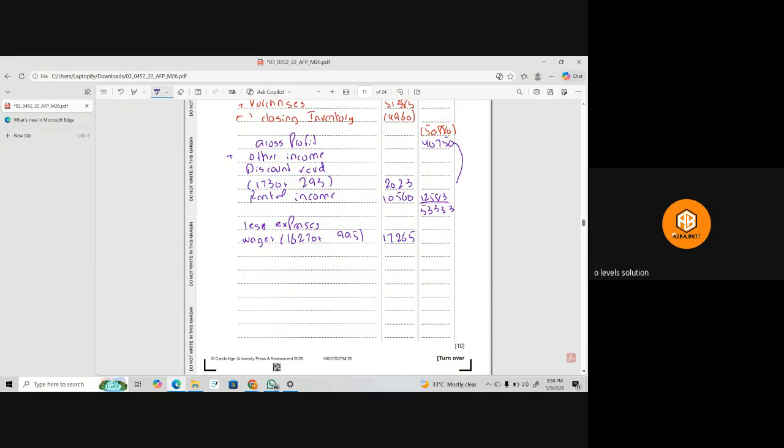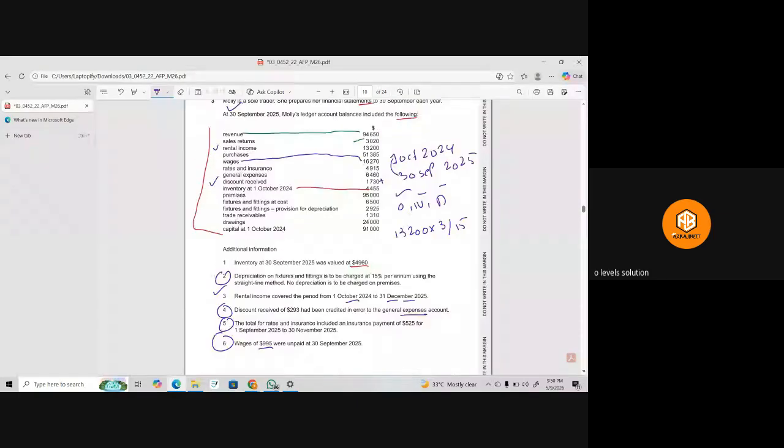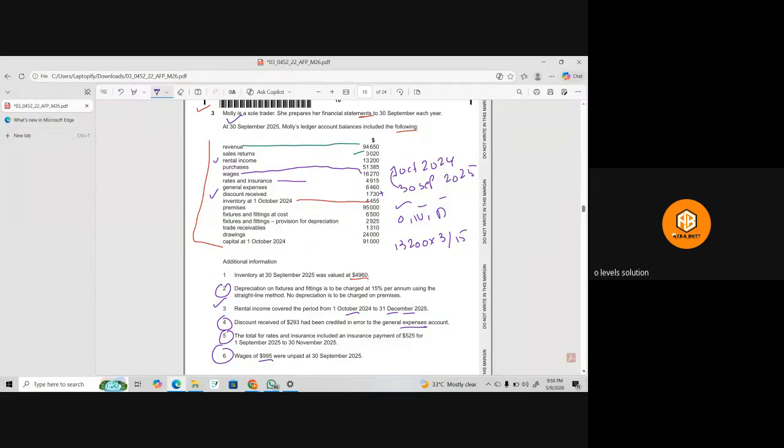Then we have the rates and insurance, which is 4,915, and there is an adjustment. The total for the rates and insurance included an insurance payment of 525 for 1st September 2025 to 30th November 2025. Okay. So 525.